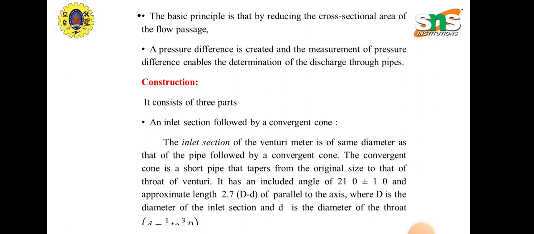It has an included angle of 21 degrees plus or minus 1 degree, approximately 2.7 times the diameter ratio, parallel to the axis, where D is the diameter of the inlet section and small d is the diameter of the throat.